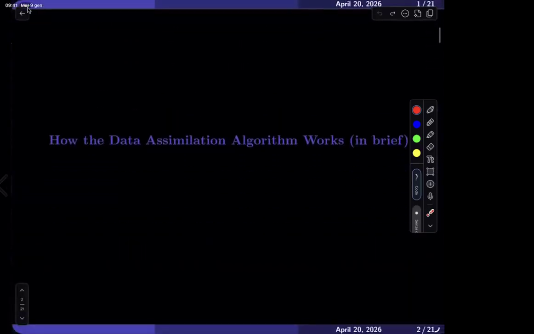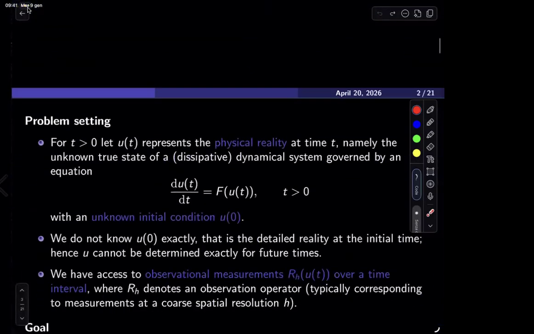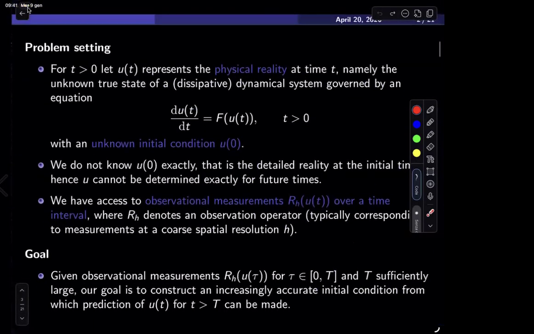So just to begin, what is the data assimilation algorithm? What is the idea behind this kind of algorithm? The idea is as follows. Suppose that you have a state variable, u, that represents the physical reality of your system at time t.